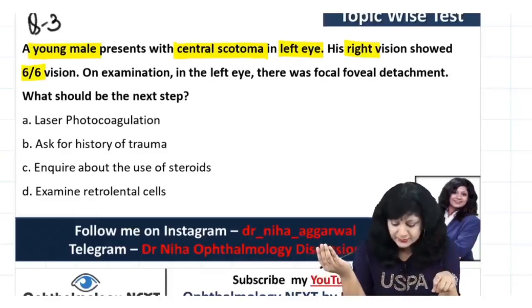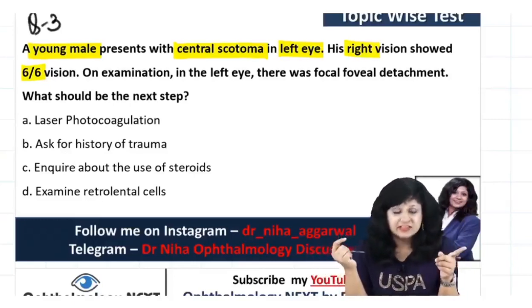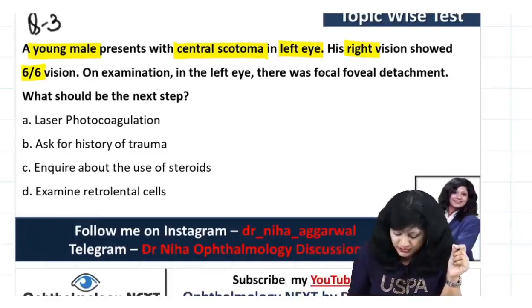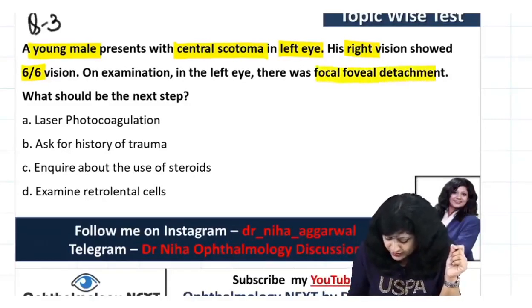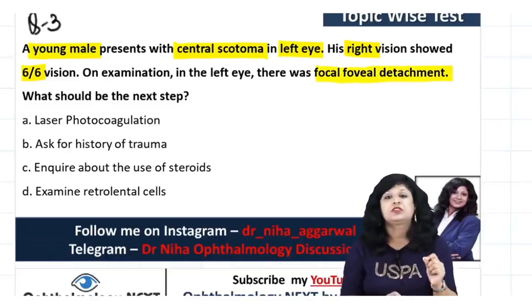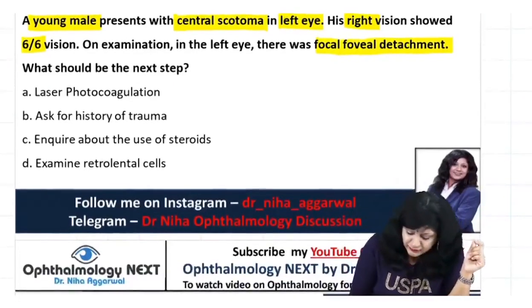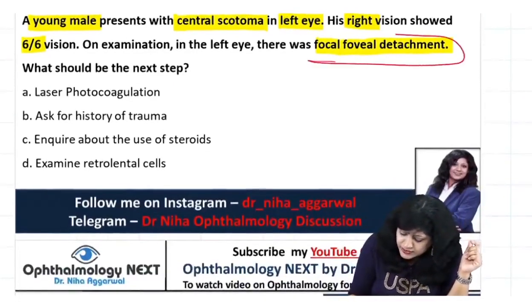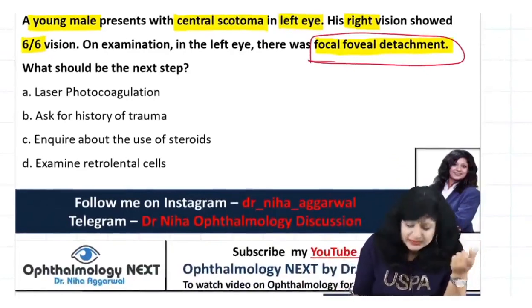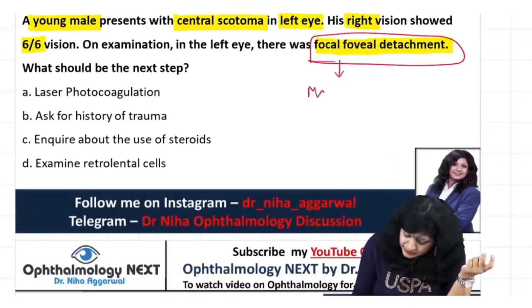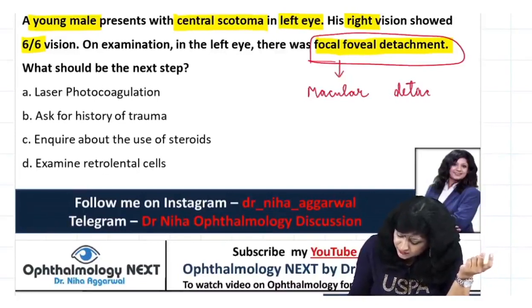Now on examination in the left eye, there was a focal foveal detachment. So foveal detachment means there is a macular detachment. That means this patient is having the macular detachment.